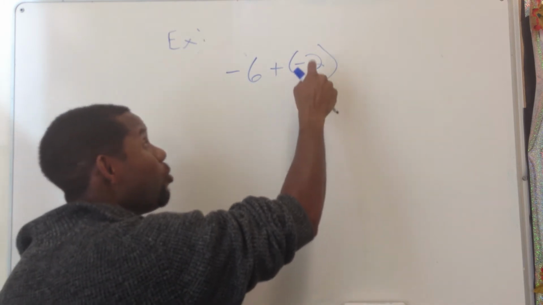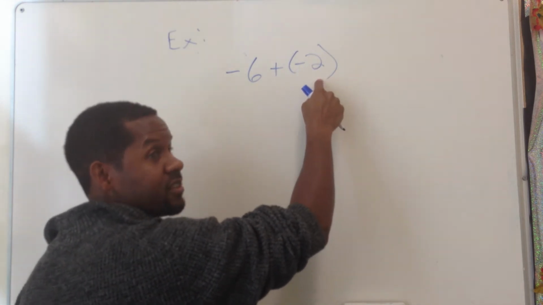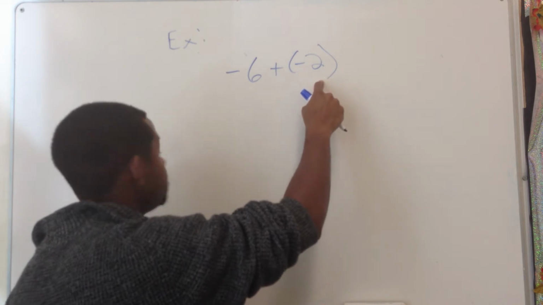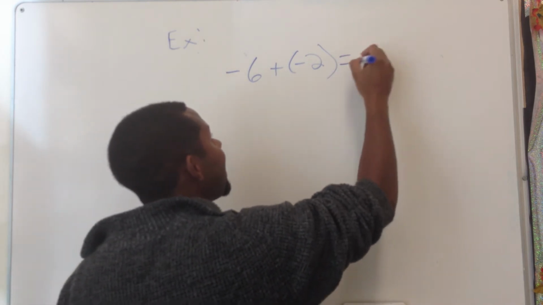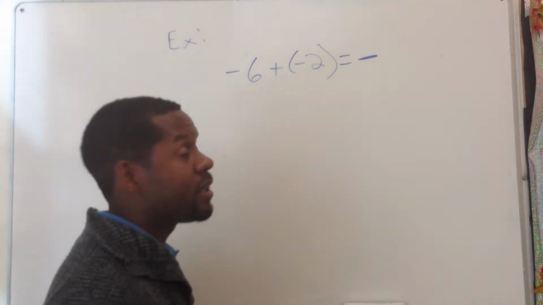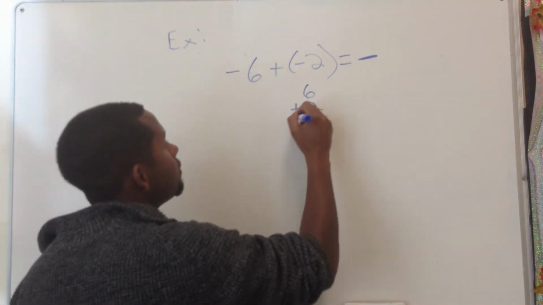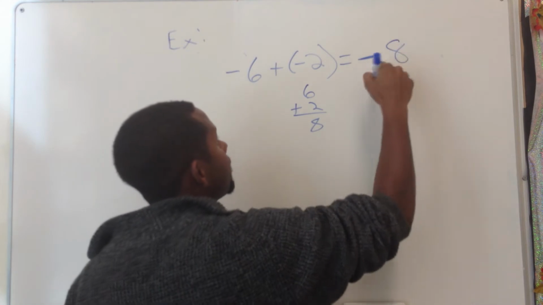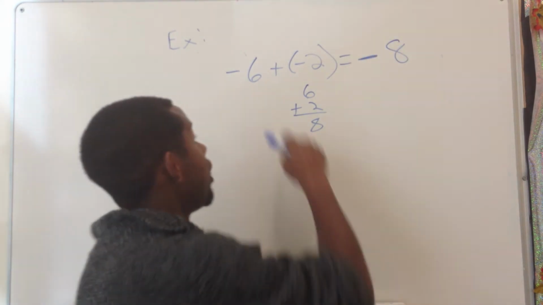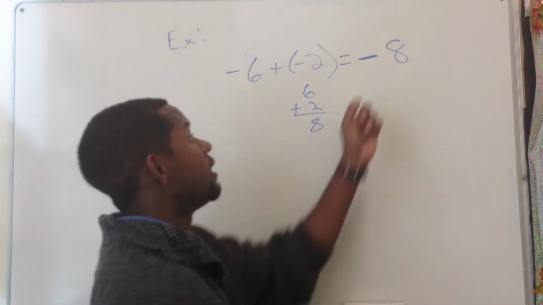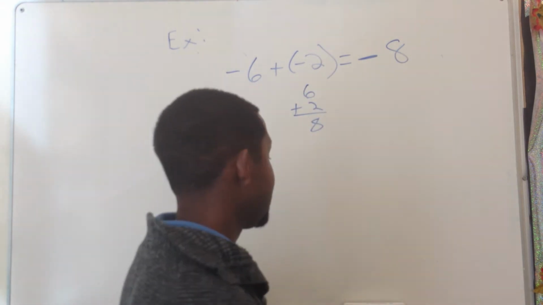Plus, then I owe them $2 more. Do I have any money? Nope, not as far as I can tell. All I can see is that I owe them money. How much do I owe them? Well, it looks like I owe them -$8. I owed you 6 and I owed you 2. I must owe you total $8.